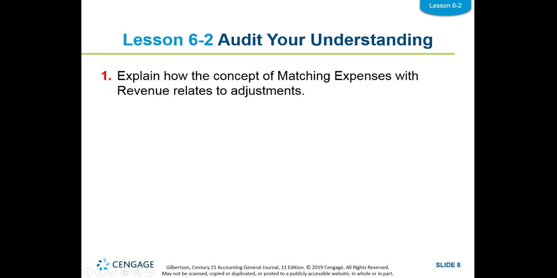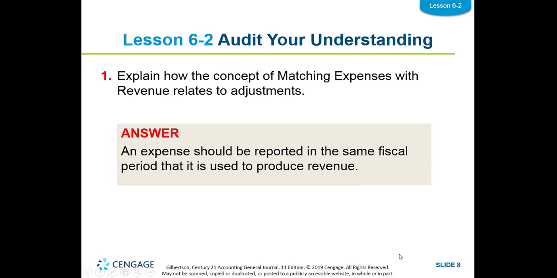If I'm going to perform a bunch of golf lessons in July, I want to make sure that my expenses with those golf lessons are recorded in the same fiscal period, because otherwise you can get into a little bit of sticky trouble. So our concept answer is it has to be recorded in the same fiscal period in order to make sure it shows this is what was needed to generate that revenue.